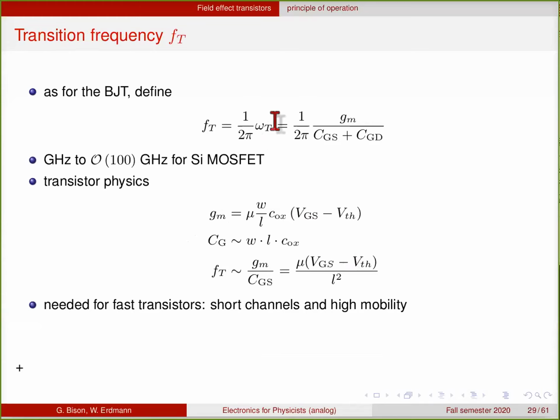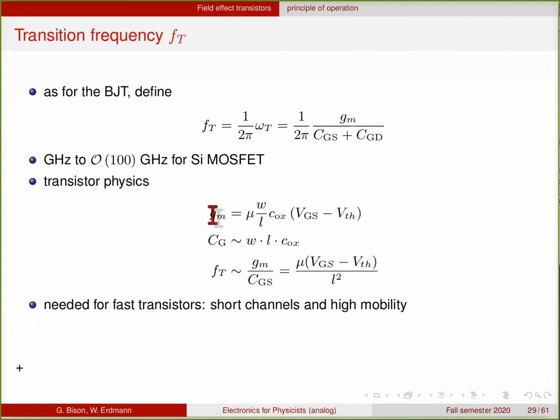That was, of course, the angular frequency. So the real transition frequency is defined as 1 over 2 pi multiplied by the angular frequency. So you get an extra factor of 1 over 2 pi in front of this factor here. And this value for silicon MOSFET is typically in the region from gigahertz to hundreds of gigahertz.